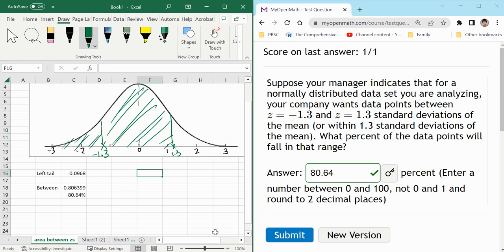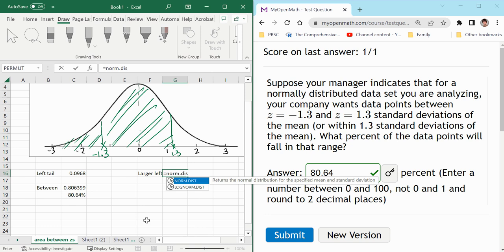So that would be my left area, not my left tail, but the area to the left of 1.3. Let's call that the larger left area. And so that will be norm.dist with positive 1.3, a mean of 0, and a standard deviation of 1.